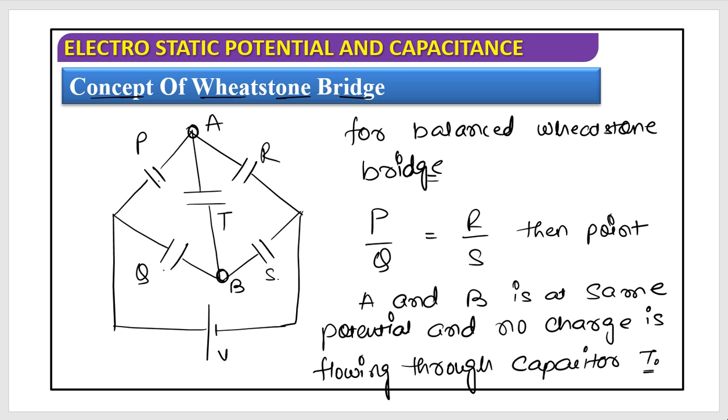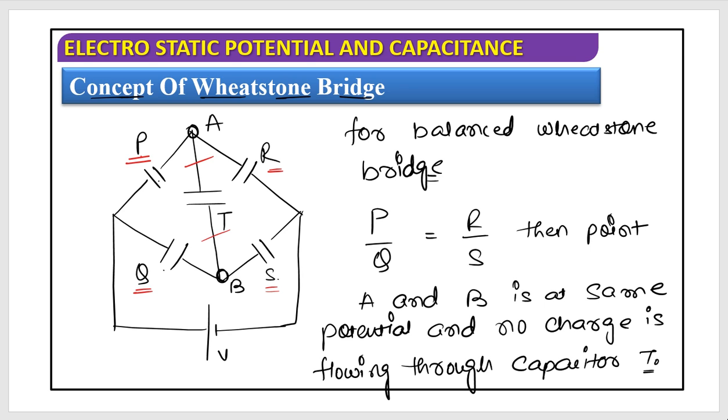So this is a very good application. If you understand this very carefully, what you need to do is check the ratio P by Q against R by S. If the ratios are the same, then you can remove this, because no charge is flowing through it.